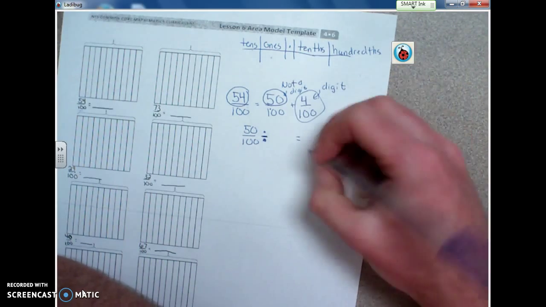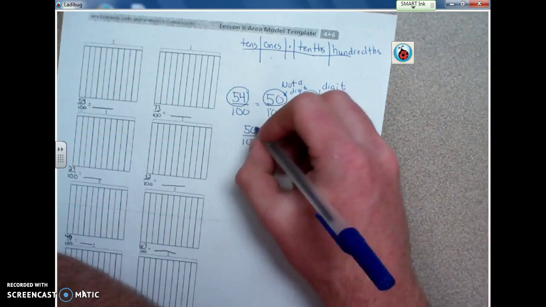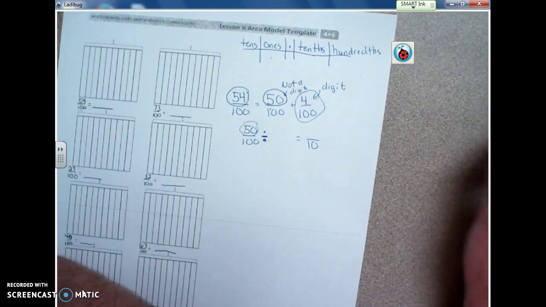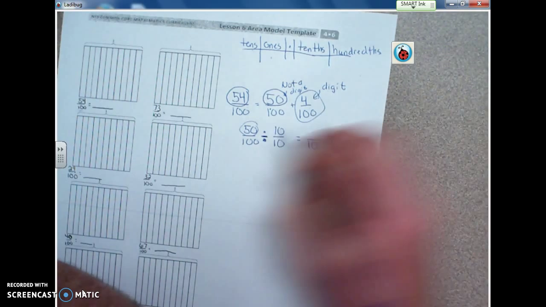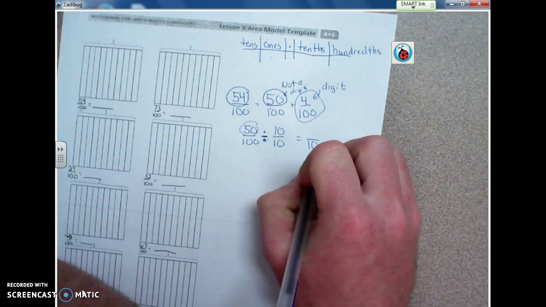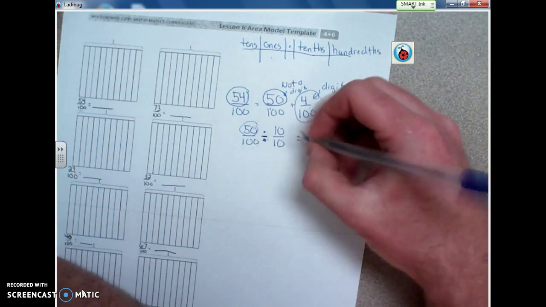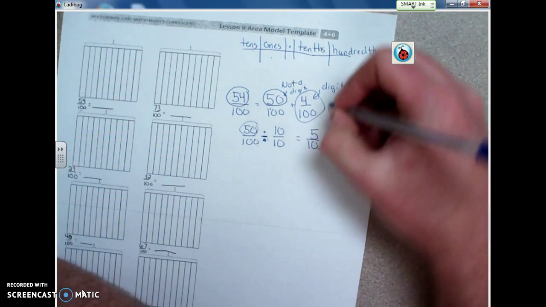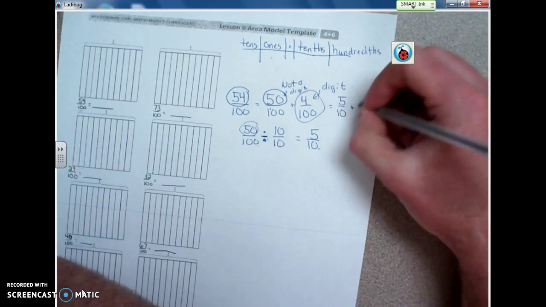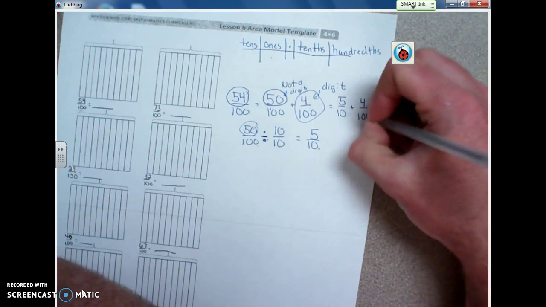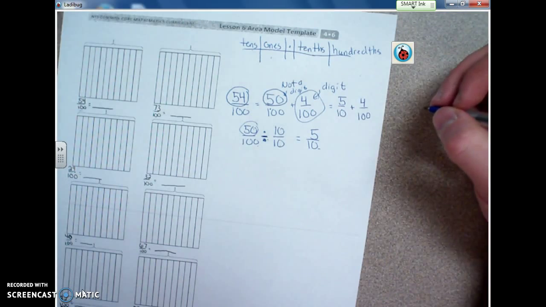I want that to be my tenths place now, because this is a multiple of 10. I know I can divide it by 10 tenths. So 10 divided by 10 gives me my 1, and 50 divided by 10 gives me 5. So this is equal to 5 tenths plus 4 hundredths. Now I have my digits.